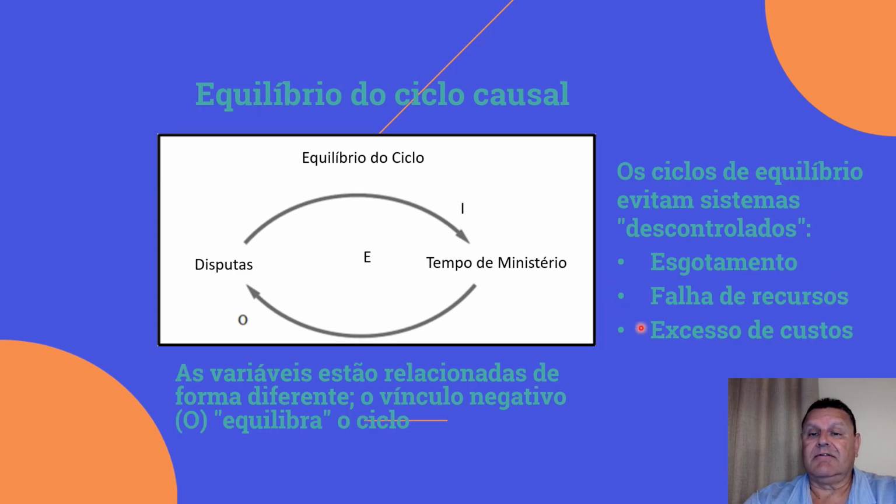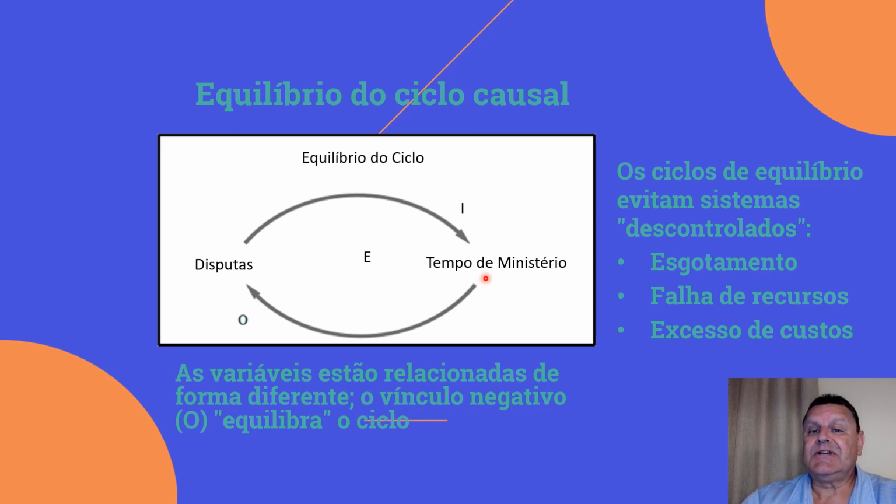So now the other kind of loop is a balancing causal loop. A balancing loop, denoted by the B, is where one variable may influence another positively in the same way, but that then has the opposite effect on the other. So, another church example: as disputes go up, ministry time in a church goes up.